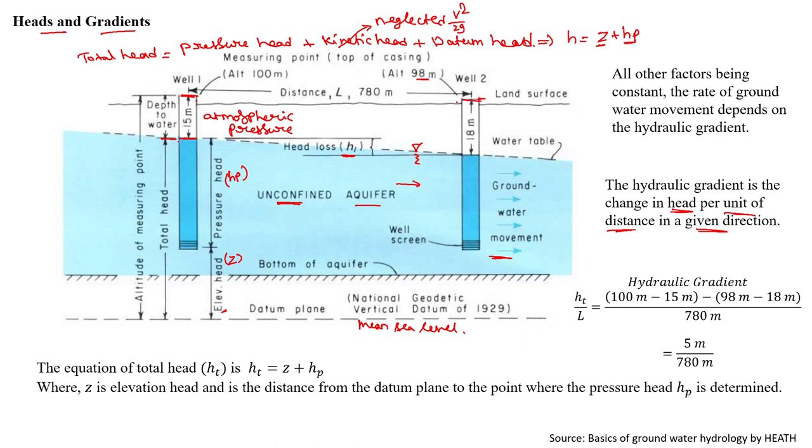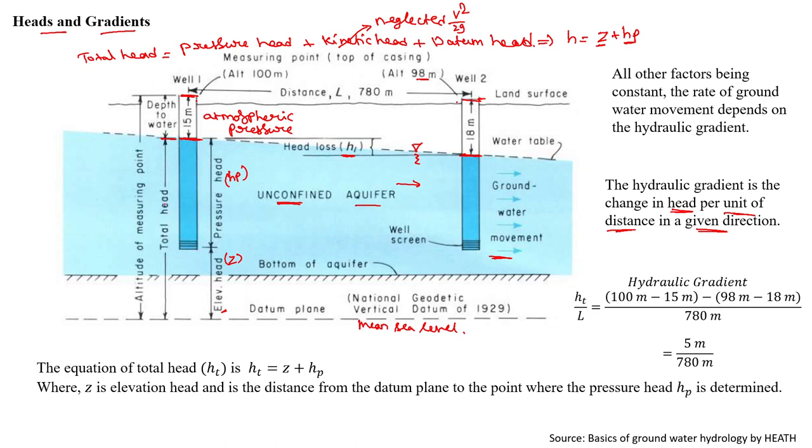In this case, we first need to calculate the total head in both wells. Always, even in fluid mechanics, geotechnical engineering, and hydrology, we should look at the total head. Even in open channel flow in the previous session 3, we calculated the specific energy. There we assumed the channel bottom as the datum, and with respect to the channel bottom we estimated the total energy.